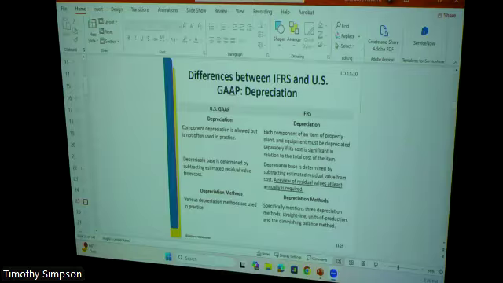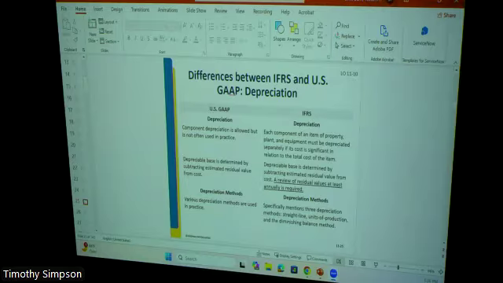Within depreciation under GAAP, component depreciation is allowed, but is not often used in practice. We talked a bit about this, which is where we left off on Tuesday. We talked about components where you've got different things going on with the same property, and they have different depreciation bases. This is very similar to composite depreciation, which we'll talk about more in a second.